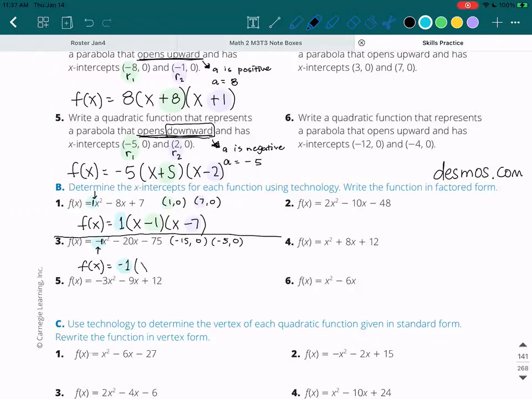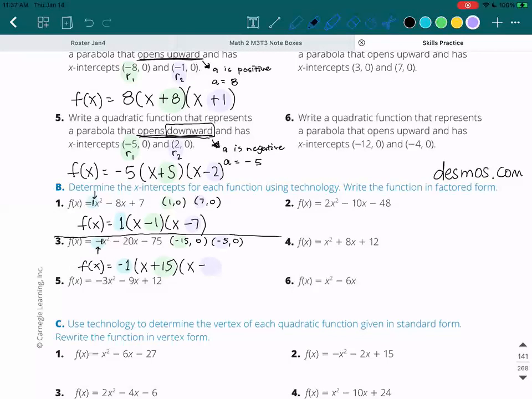Then we have x minus, and then we have our first r1, which is -15. So should I write -15 or +15? Plus. Yes, +15. And then we have x minus our r2, which is -5.